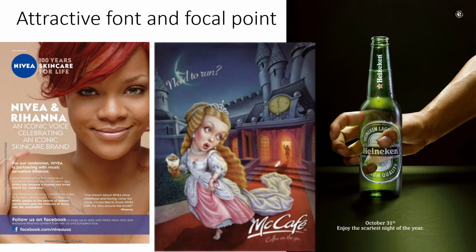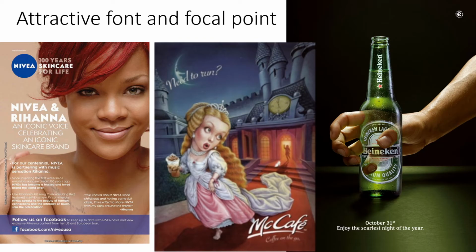There's a lot of writing on the ad, but note that the larger font is all the important things the advertiser wants you to know, and the other written stuff on the ad is informative about the product. In contrast to the second ad, the font seems more playful because the message of the advertisement is one that represents a fantasy world, and there's less writing, and the focal point is on the princess running, and that resembles Cinderella holding a cup of coffee from Mac Cafe.